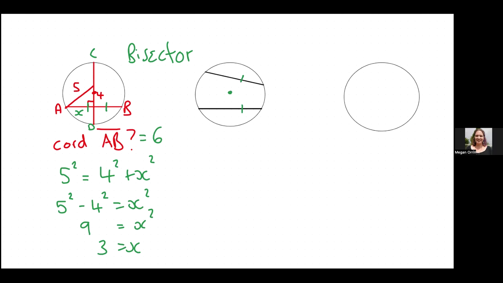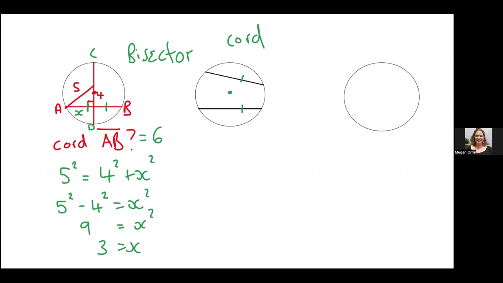This is chord AB. So what's the definition of a chord? What's a chord mathematically? It does not go through the center. If it goes through the center, what is it? Diameter. So if it goes through the center, it's a diameter. If it doesn't, it's a chord.